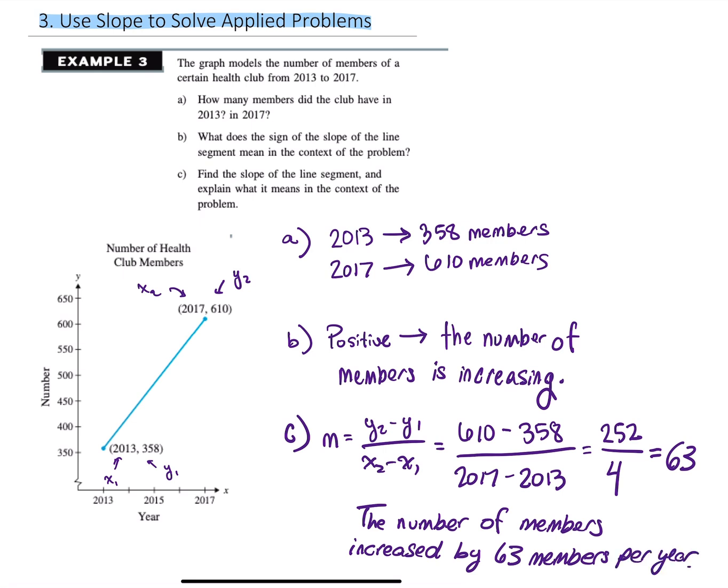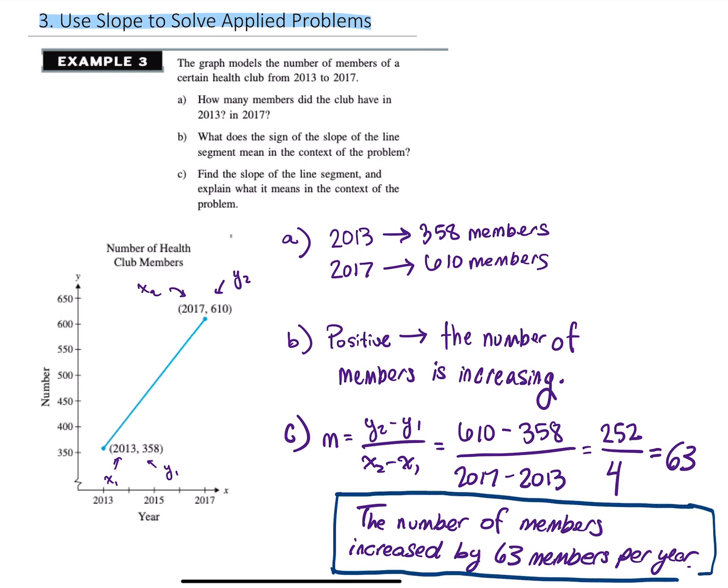So this gives the slope this concept of a rate of change. And it's more obvious when we use it to model something specific, in this case, growth of membership over a period of time. So it gives us the rate of change of this system. It's very descriptive. It tells us how things are changing.